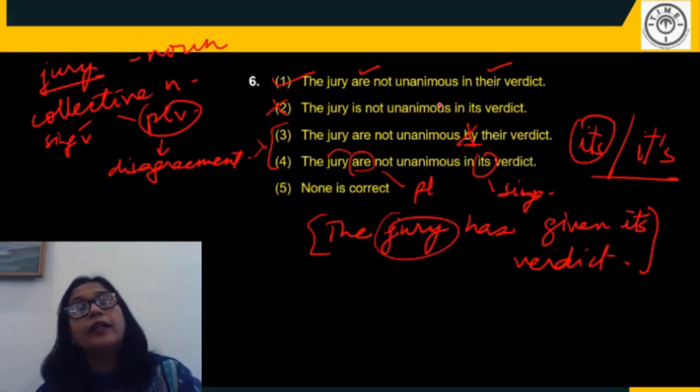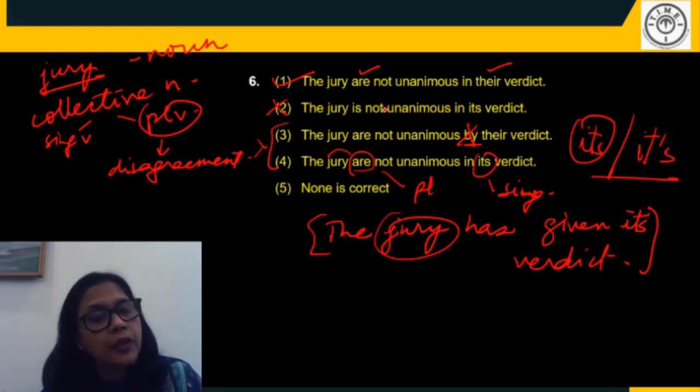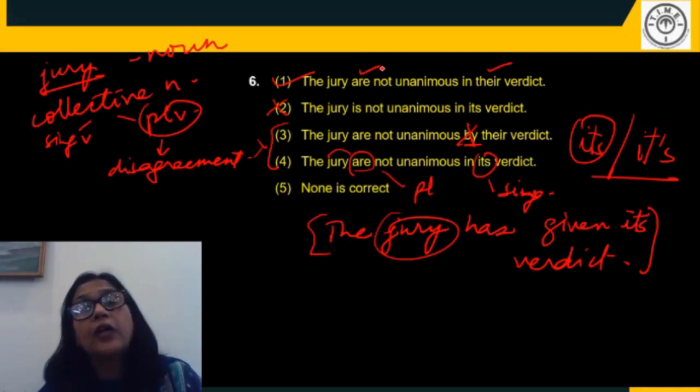But when they are not unanimous in their verdict, when you frame the sentence in this manner, you're directly saying that there were disagreements. Somebody said yes, somebody said no, different points of view, hence are not unanimous in their verdict. So this is very interesting, right?